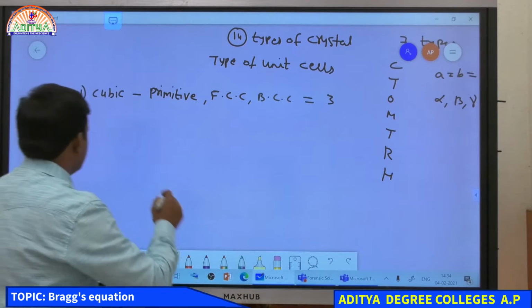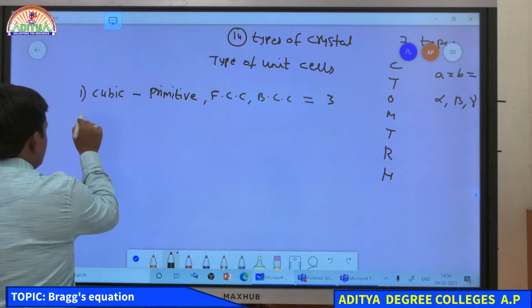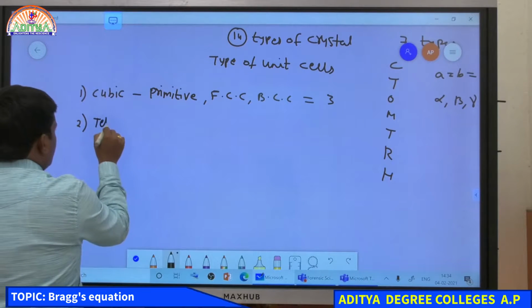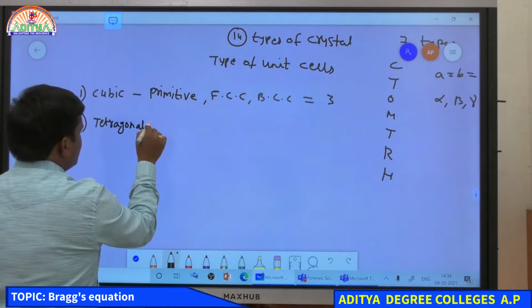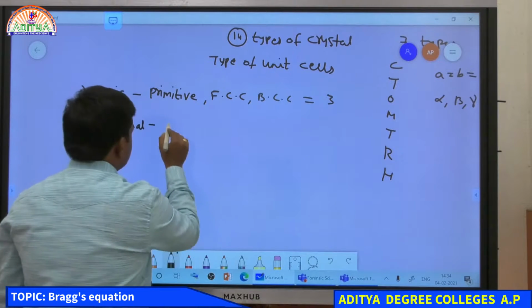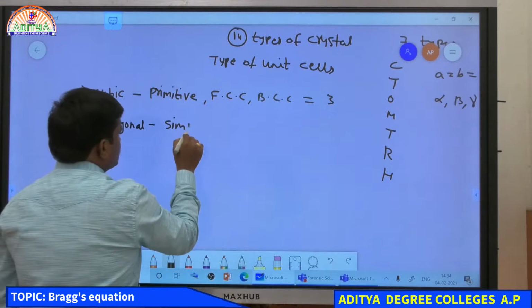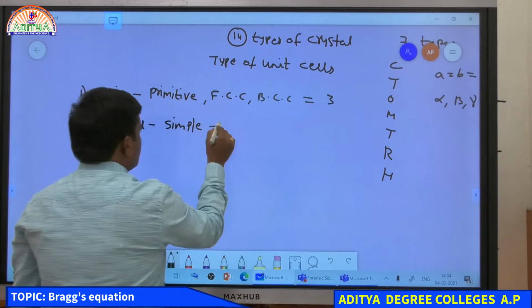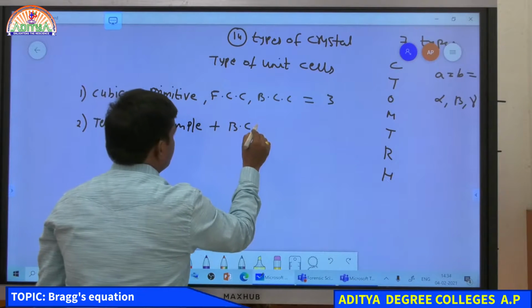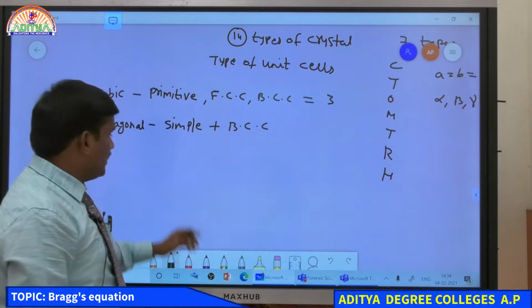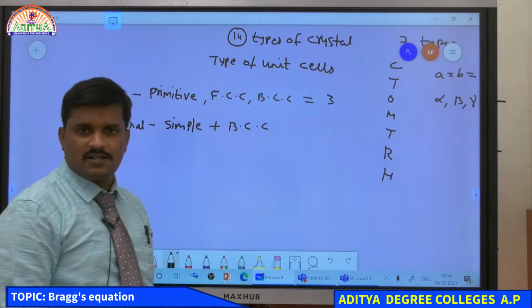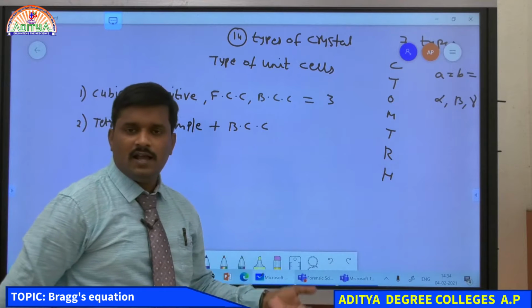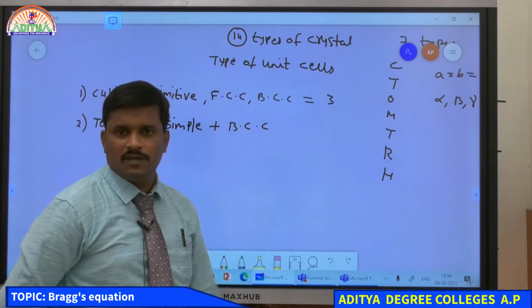Similarly, the second one, tetragonal crystal. The tetragonal crystal is further classified into simple as well as BCC. In the case of a tetragonal crystal, there are 2 types of unit cells: simple unit cell and body centered unit cell.